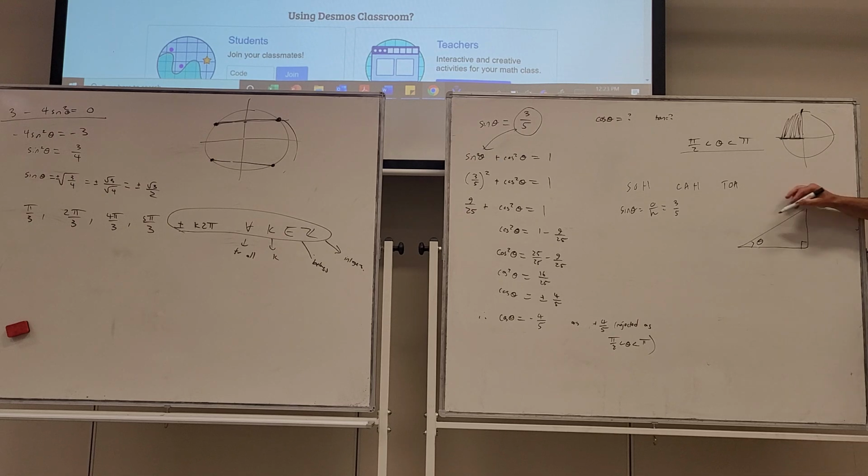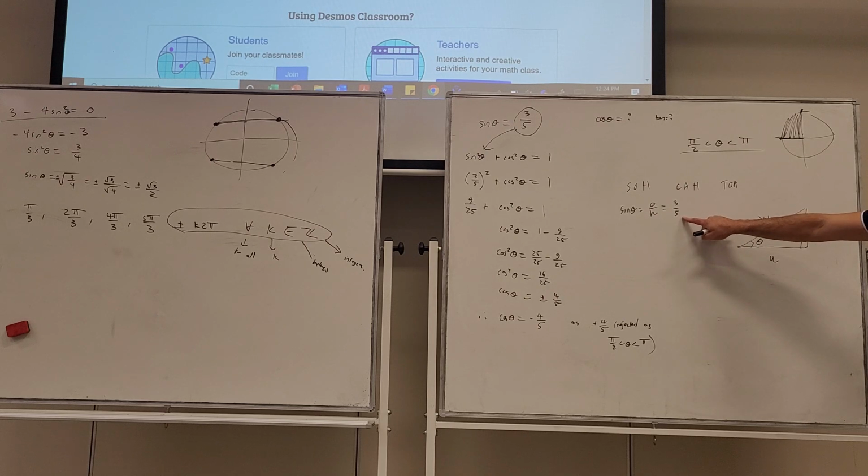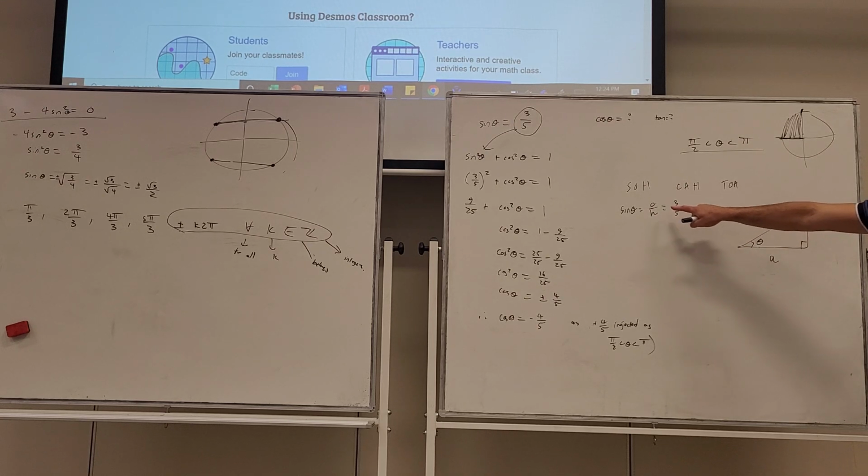If I'm going to label it, this is my hypotenuse, this is my adjacent side, this is my opposite side. Now we have sine is 3 divided by 5, is O on H. So O corresponds with 3, and H corresponds with 5. We have 3 there, and we have 5 there.